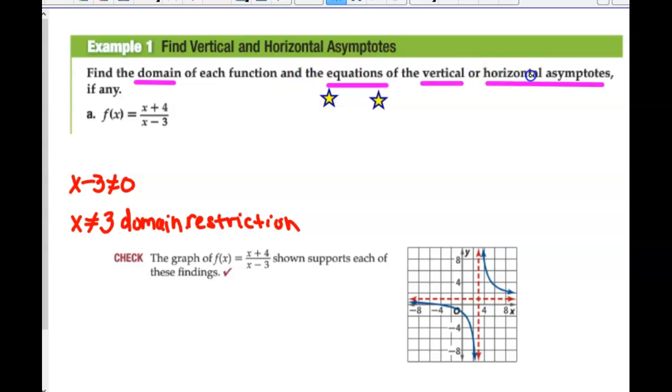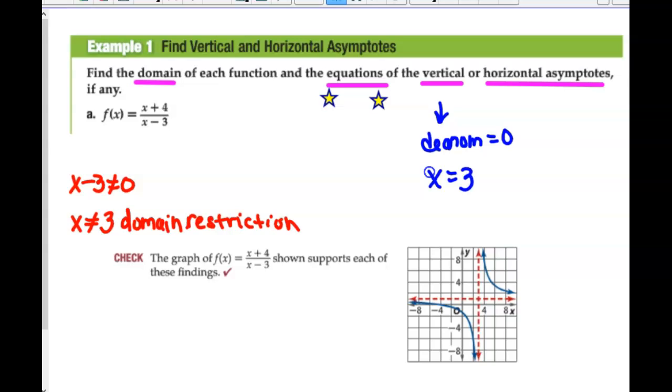It says find the vertical or horizontal asymptotes. Vertical asymptotes are found by setting the denominator equal to 0. So if I set the denominator to 0, I get x equals 3. But you just told me x can't be 3. I need you to understand x equals 3 is a vertical asymptote that bounds the graph.